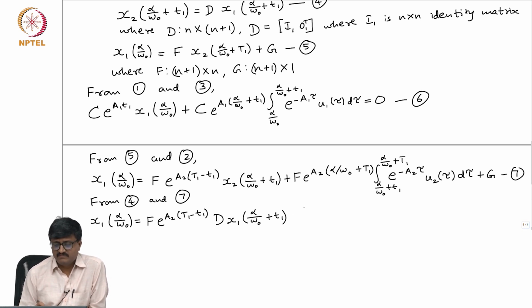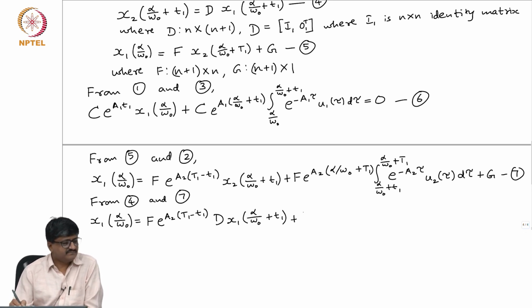Now, I am just using equation 4 here, 4 and 7 right now. Is that okay? This is okay up to now. If there is any error, let me know.